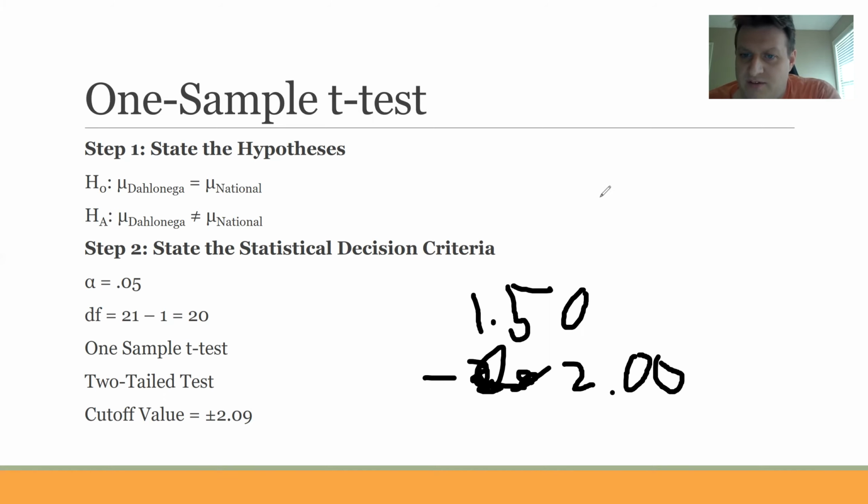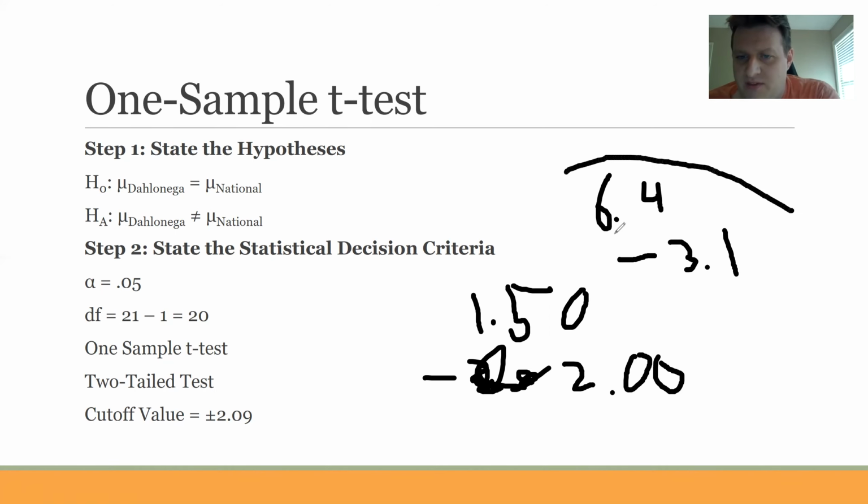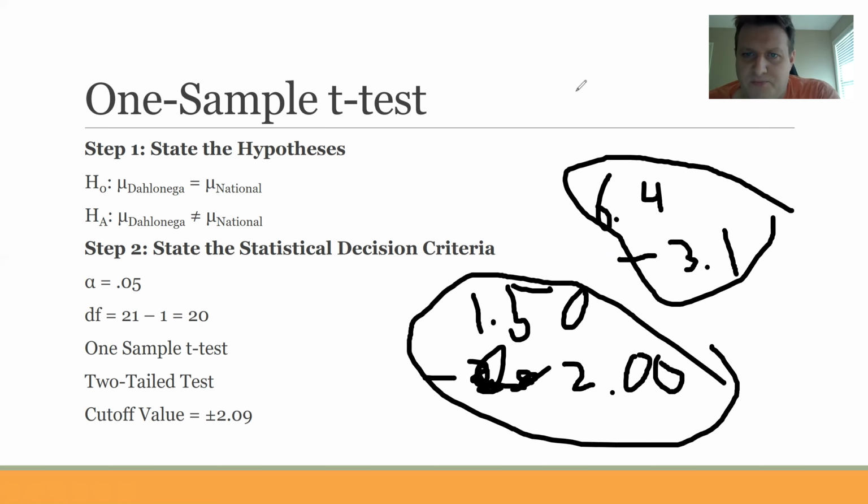How about if I had positive 6.4? Well, that's greater than positive 2.09, so I would reject the null hypothesis. How about if I had negative 3.1? That's lower than negative 2.09. So again, I would reject the null hypothesis. I'd reject the null hypothesis here. I would fail to reject or retain the null hypothesis right here.